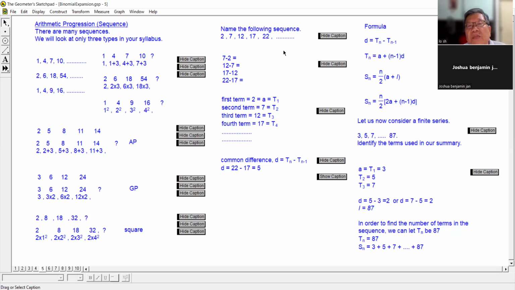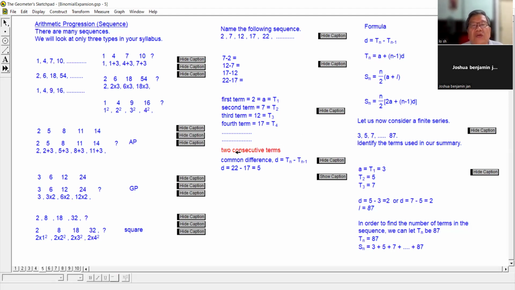These two numbers next to each other are called consecutive terms. There's a name for them: two consecutive terms.